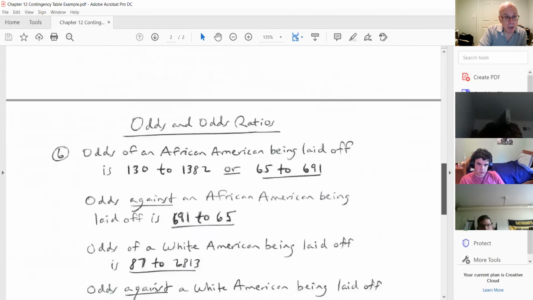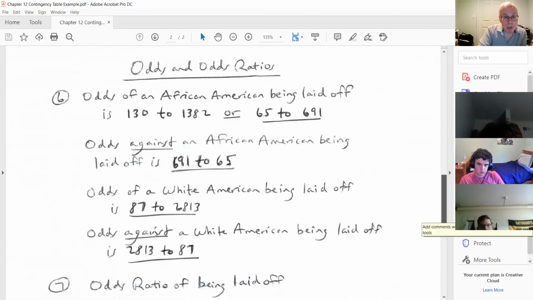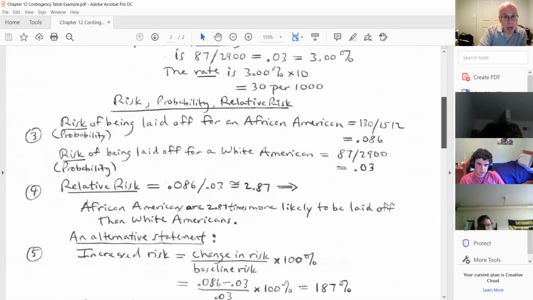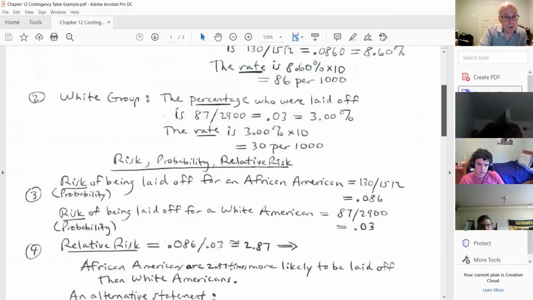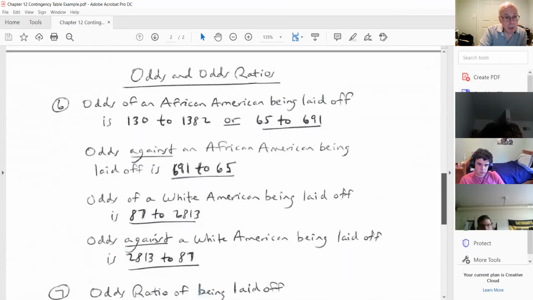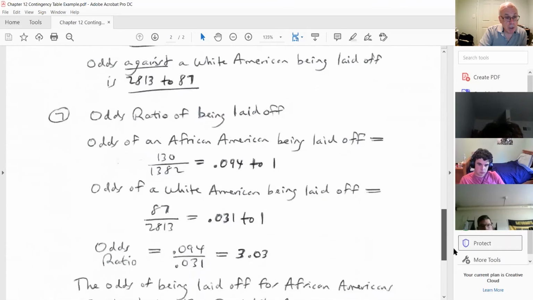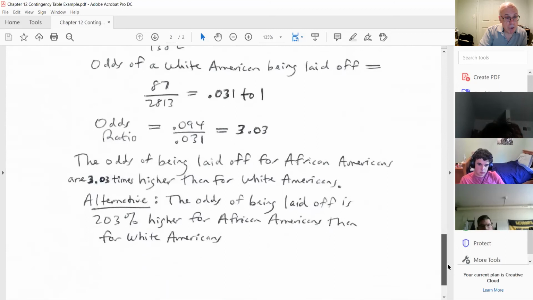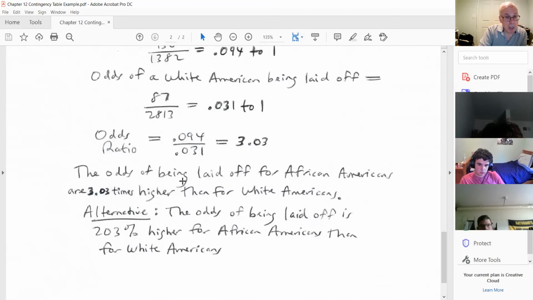And then the odds ratio is simply the ratio of the odds for African Americans and for whites. You do the same thing. Shows you how to do it right here. For example, in this case, the odds of being laid off for African Americans are 3.03 times higher than for white Americans.